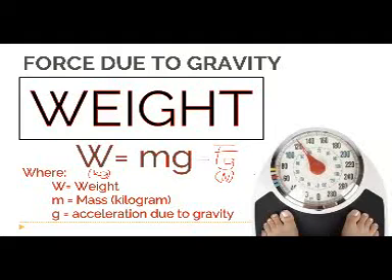Take note, force due to gravity is equal to your weight, or the weight of the object. So if force due to gravity is equal to the weight of the object, then it is also equal to mass times acceleration due to gravity.